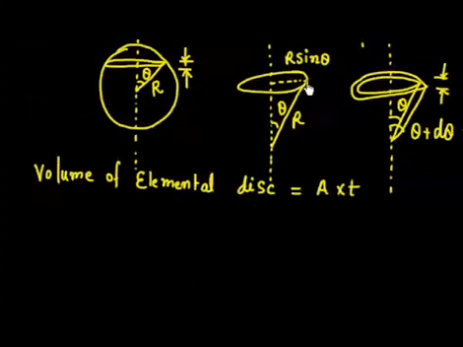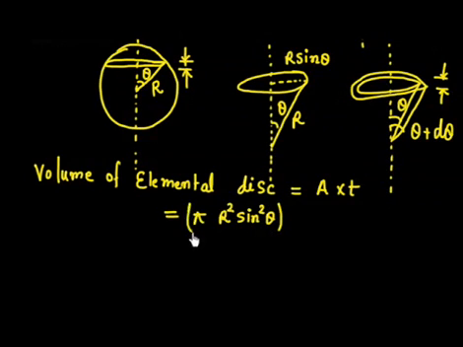Area is pi r square, where the radius is r sine theta, so this is pi r square sine square theta. And into thickness, what is thickness? This thickness is basically r d theta. Now let us calculate what is the charge on the elemental ring.